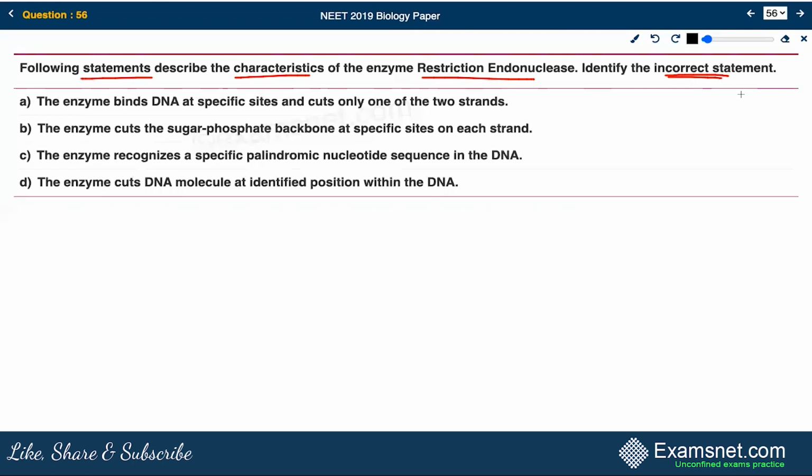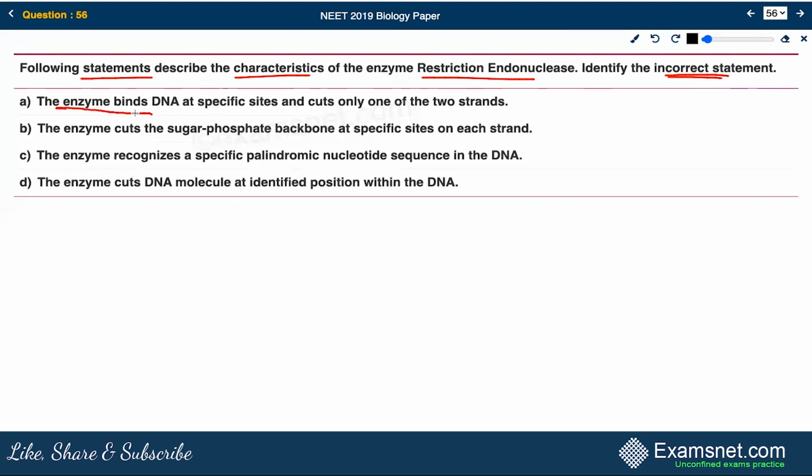So you have to identify the incorrect statement regarding the restriction endonuclease enzyme. Now, the first statement says that the enzyme binds DNA at specific sites and cuts only one of the two strands.